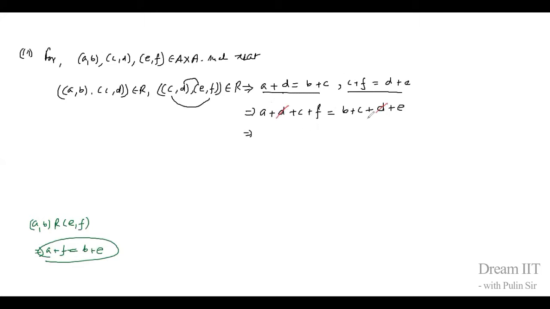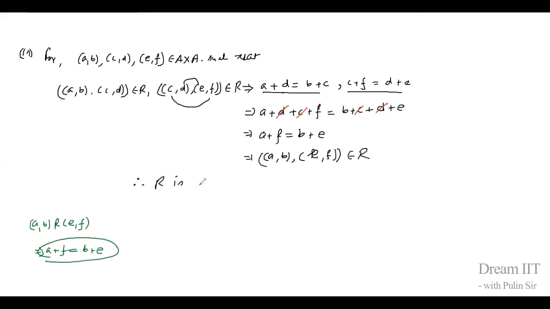D will be cancelled out and one more. C will be cancelled out. Okay, very nice. So once it is cancelled out, you are left with AF and you are left with B plus this. So this directly implies us that A comma B is related to E comma F. That means it is belonging to R.